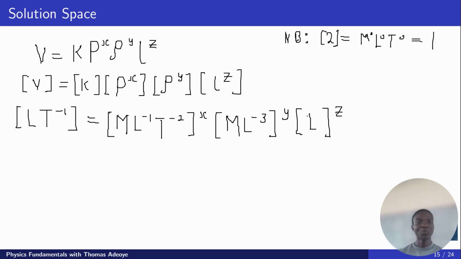Here, velocity I can write as M raised to power 0, which is 1. So L raised to power 1, T raised to power minus 1.